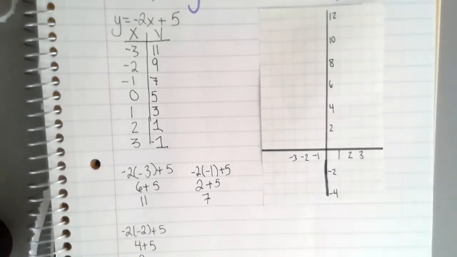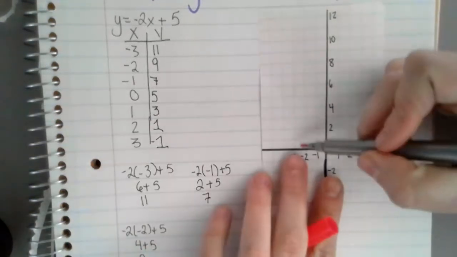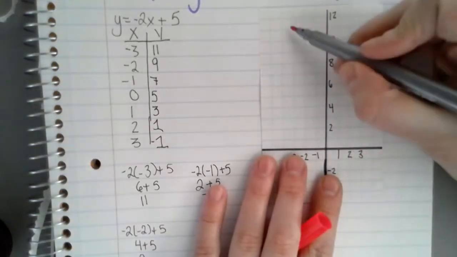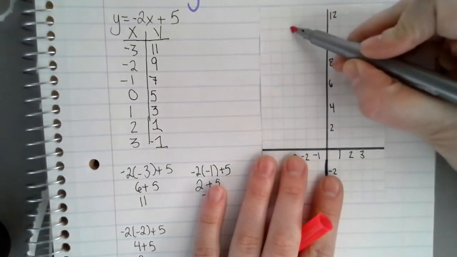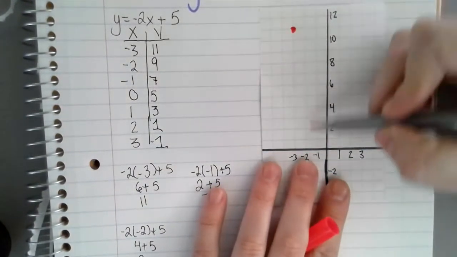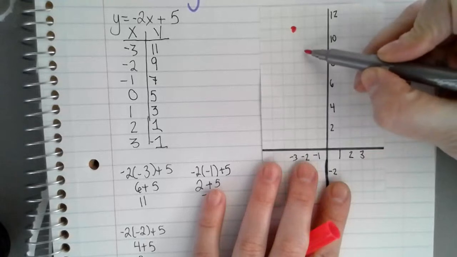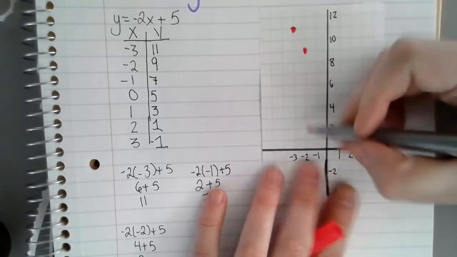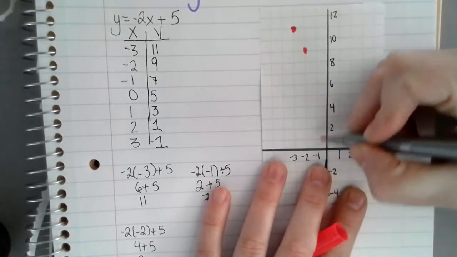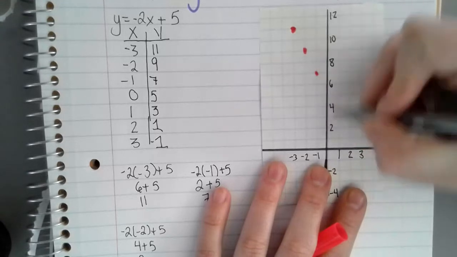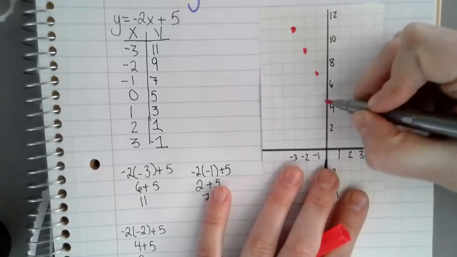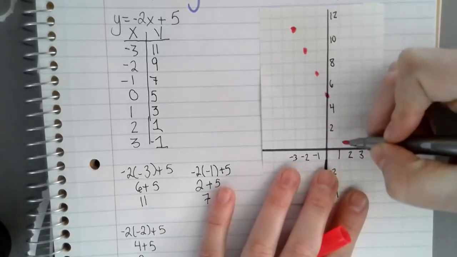So starting out with my first one, I am going to plot negative 3, and then I'm going to go all the way up here to 11. And then my negative 2, going to go all the way up to 9. Negative 1 goes all the way up to 7. 0, it's going to be 5.